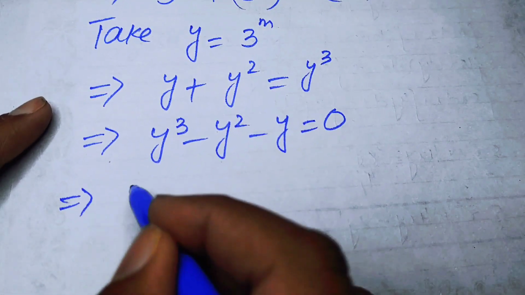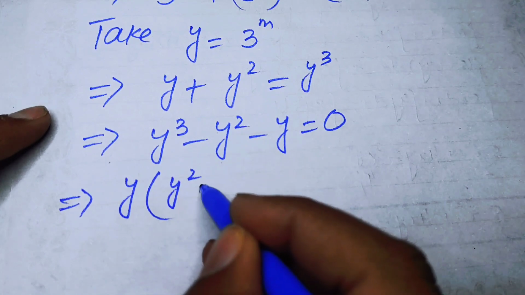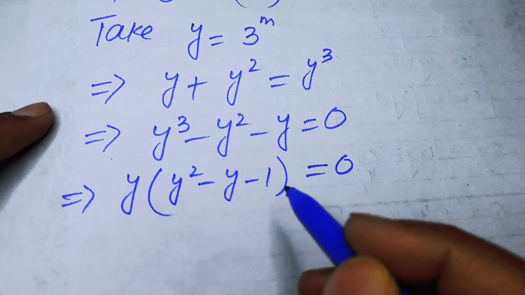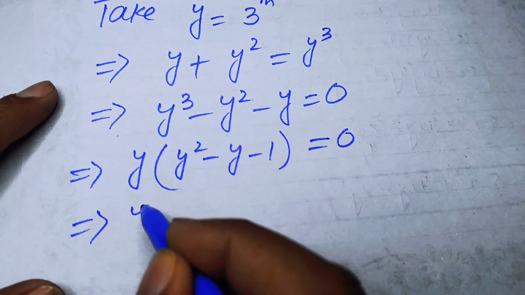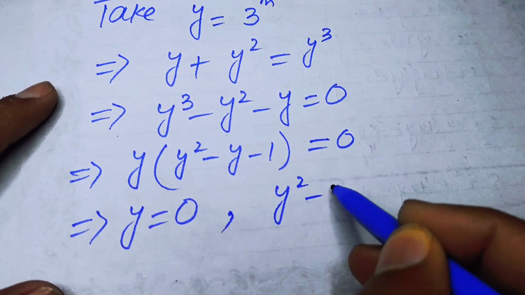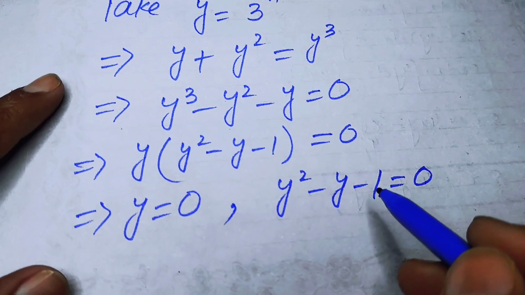Now we can take common y, and we will get y times y squared minus y minus 1 is equal to 0, and here you can get y is equal to 0 and y squared minus y minus 1 is equal to 0.